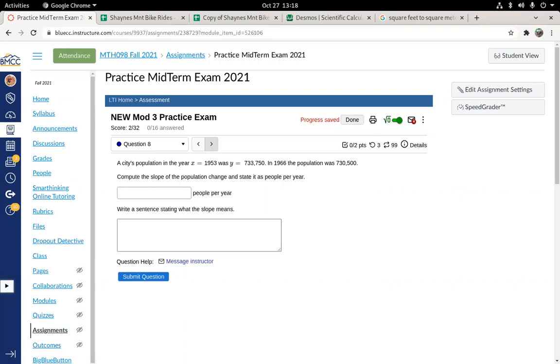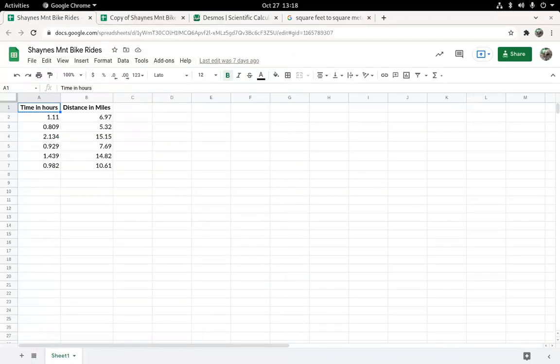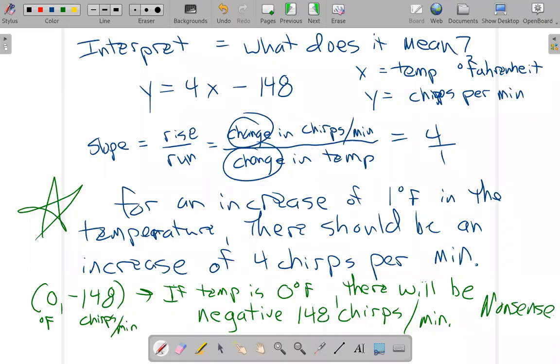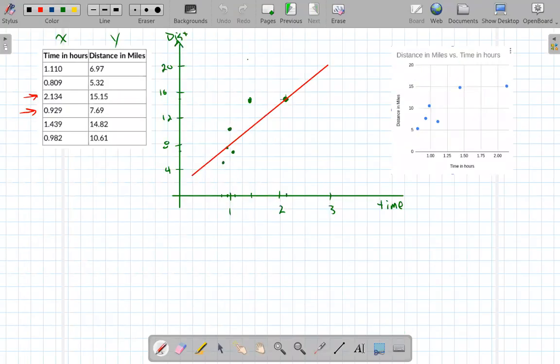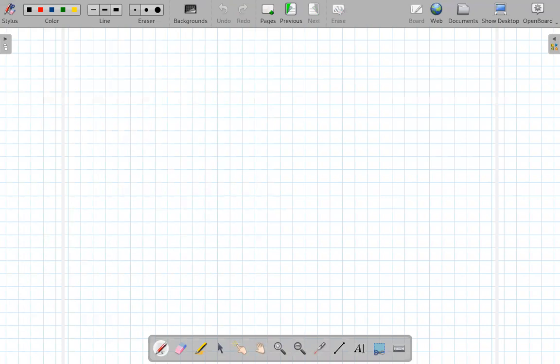Okay, let's do it. I'm going to move this over and get out my whiteboard. Okay, so good idea. I like to make tables to start with and then go from there. So I have my X versus my Y. My X is a year and my Y is a population.